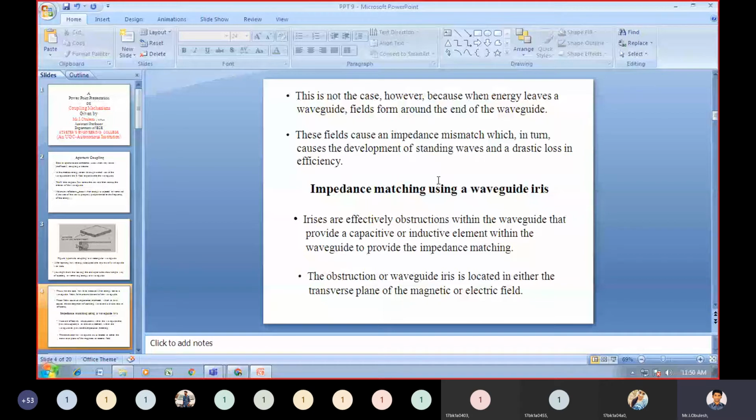It means that you need to locate these waveguide irises in either the TM mode or the TE mode. Shortcut, you need to write it like that: only the transverse plane of the magnetic or electric field. You need to remember that.